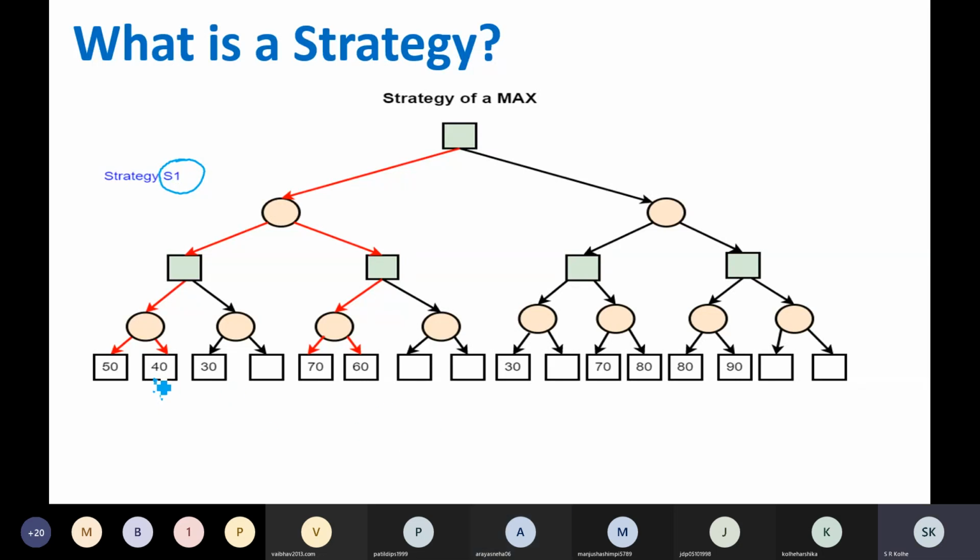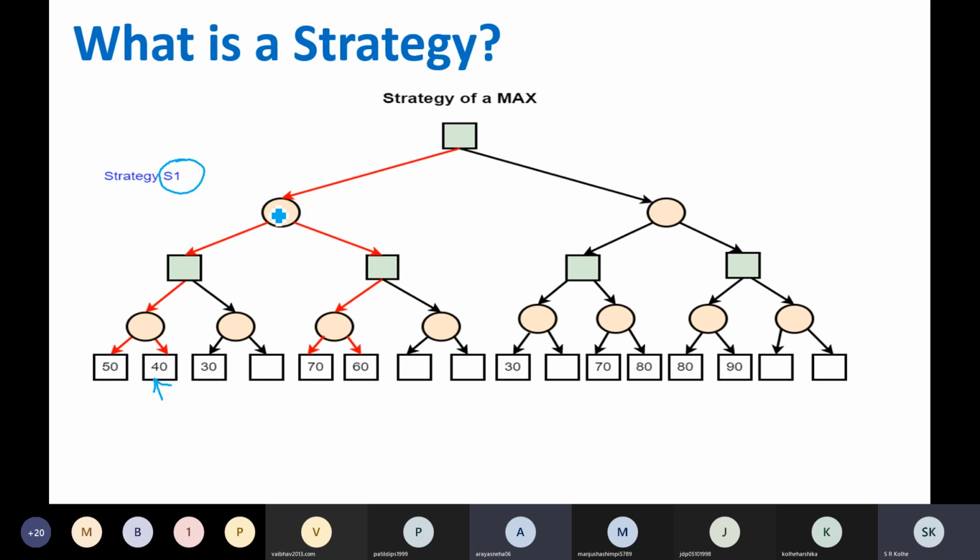And since min has selected this, if max selects this, because this node will have the max value, then min has two options. Out of this, naturally min will select this particular move. So this is for one strategy. Not necessarily will max always arrive at this particular strategy.